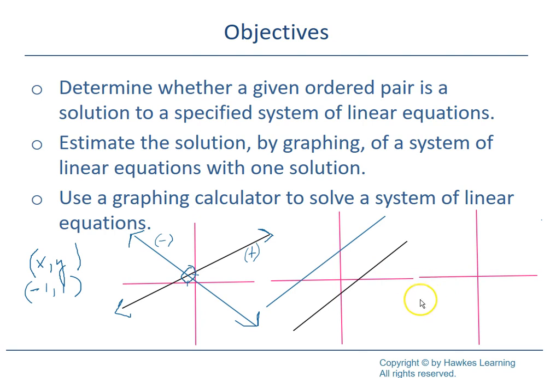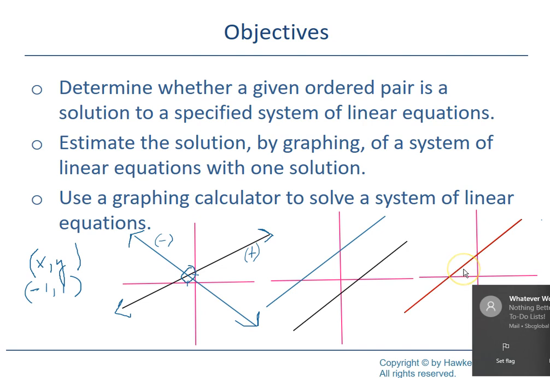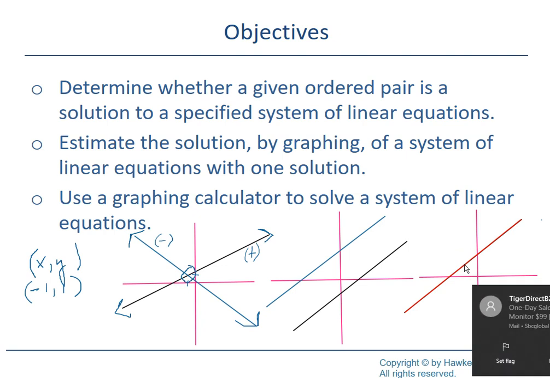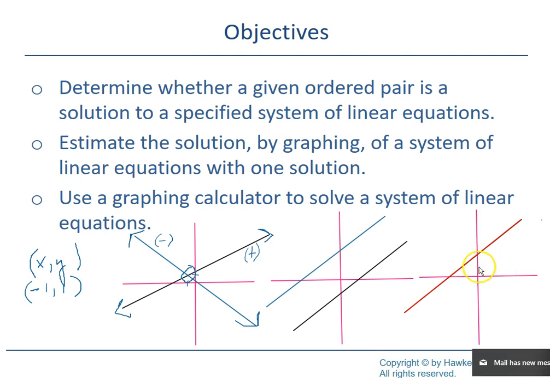And then another scenario is you graph one of the lines, and then you graph the other line. Let's see if I can do this. And lo and behold, the other line is right on top of the first line. So what does this indicate?